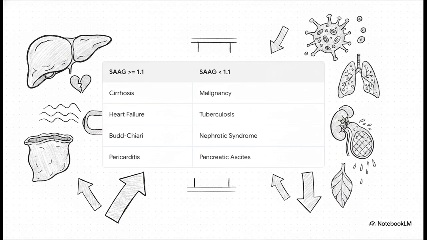On the flip side, a SAAG strictly below 1.1 points to a leaky, diseased peritoneum where protein and fluid are moving together, narrowing that gradient. So we're looking away from portal hypertension and toward things like malignancy, tuberculosis, nephrotic syndrome, or pancreatic ascites.